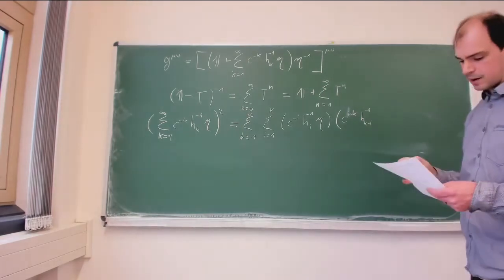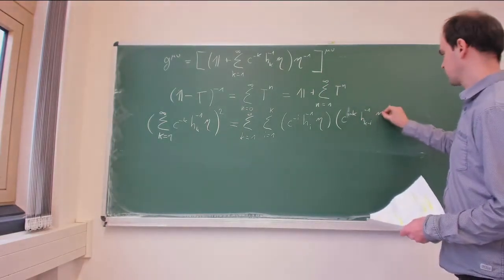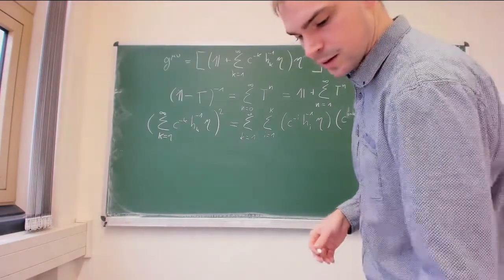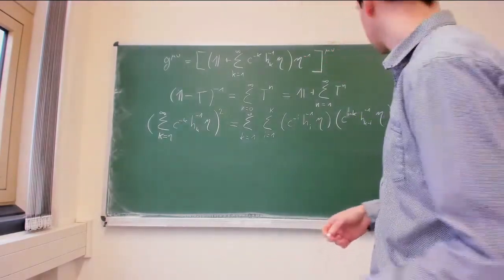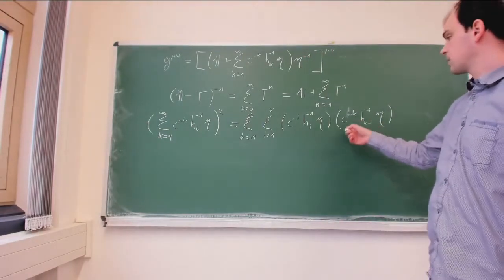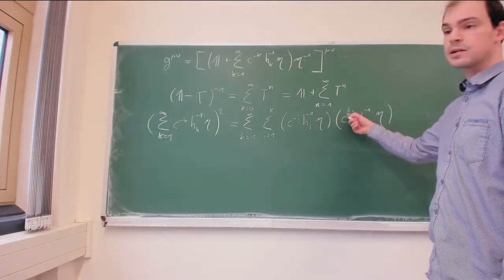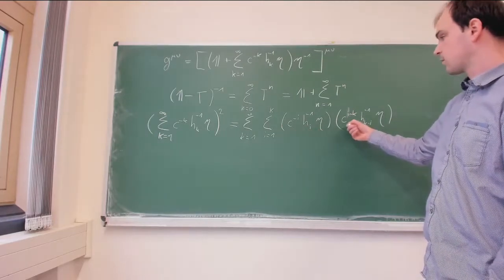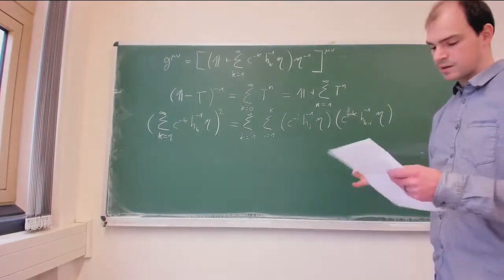H_k minus I inverse times eta. And now you see we have minus I plus I here, so the I actually cancels. So this coefficient is just of the order c to the power minus k.